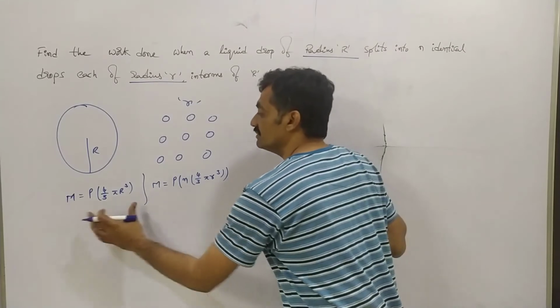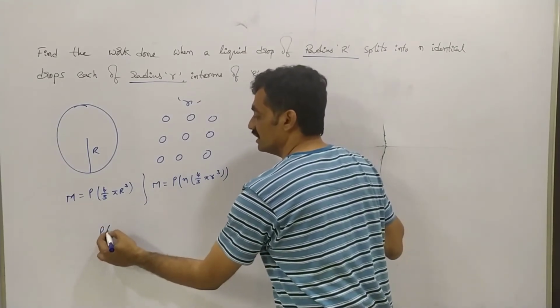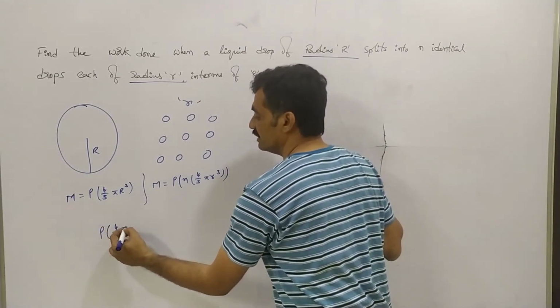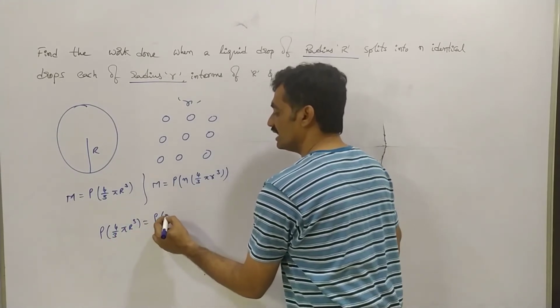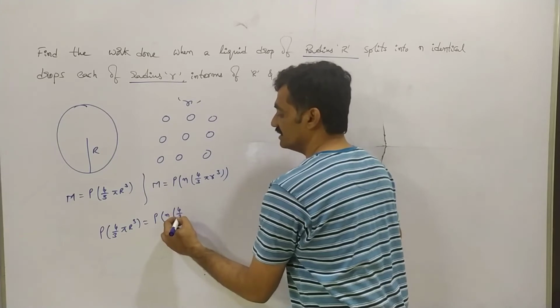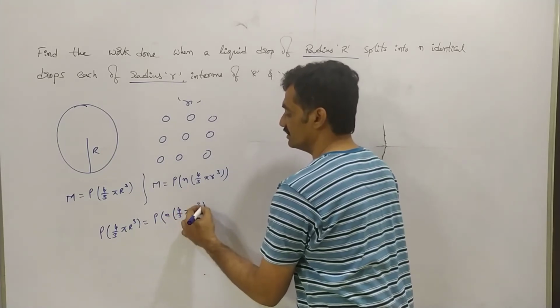So here when we equate both these expressions, observe that rho into 4 by 3 pi R cube is equal to rho into n into 4 by 3 pi r cube.